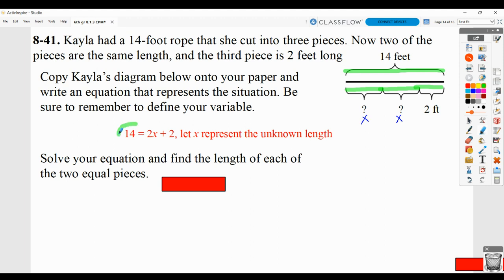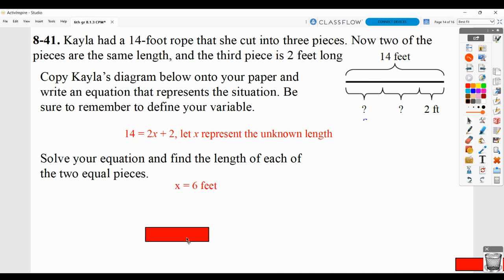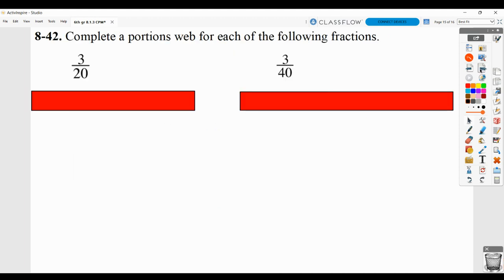So that's where this is coming from. And again, we're told that these two are the same length. That's why we use x for both of them. Then they want you to solve the equation and find the length of the 2 equal pieces. And we get 6 feet because 2 times 6 plus 2 would equal 14 feet.